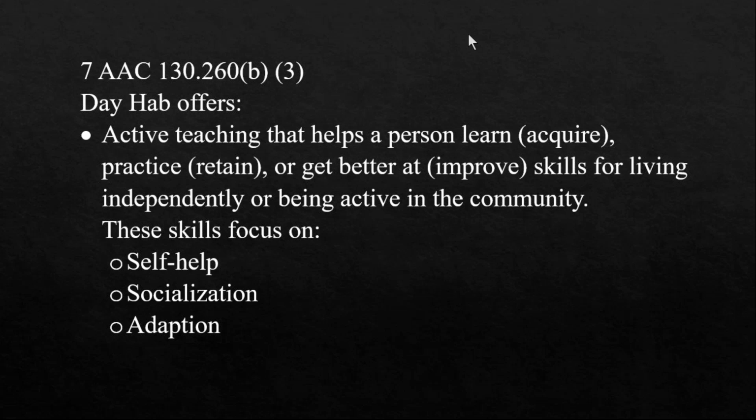So those are skill areas that habilitation can help support a person in either keeping skills, getting new skills, or improving skills they already have. So you usually see these requested around self-help, socialization, adaptation.